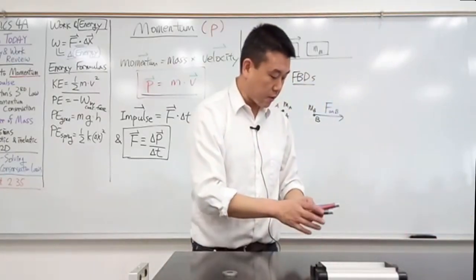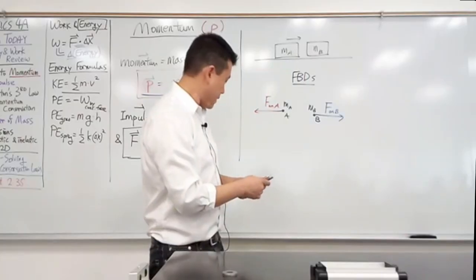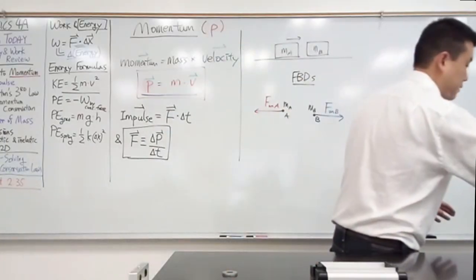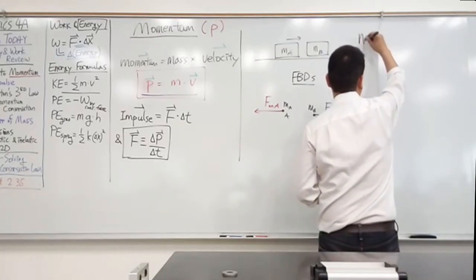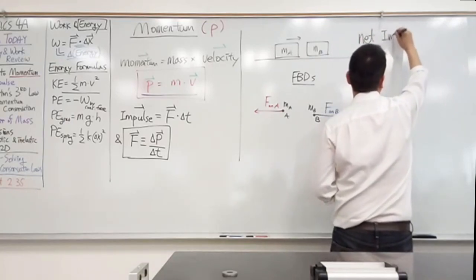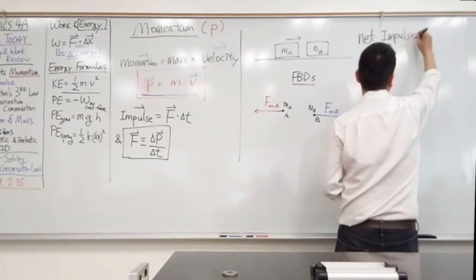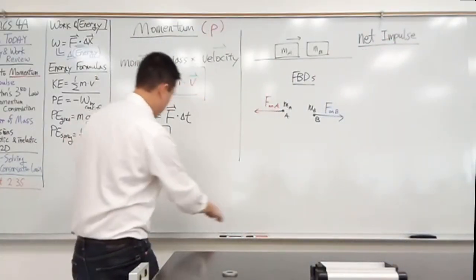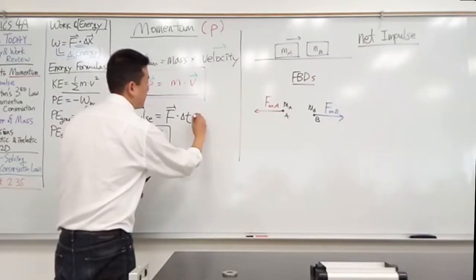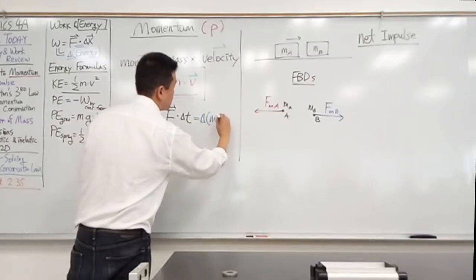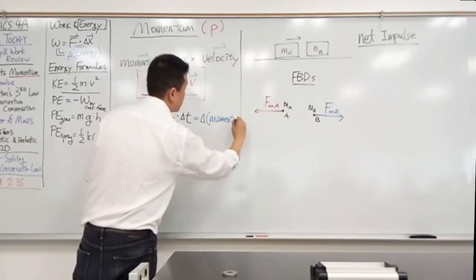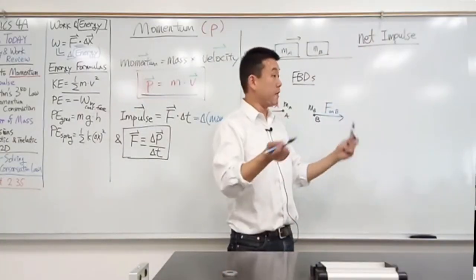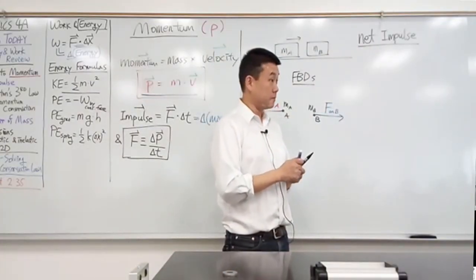So let's try to calculate the net impulse on both of these objects, and from what we were saying about impulse, that it's the change of momentum. If we calculate net impulse, that should tell us what the change of net momentum is.